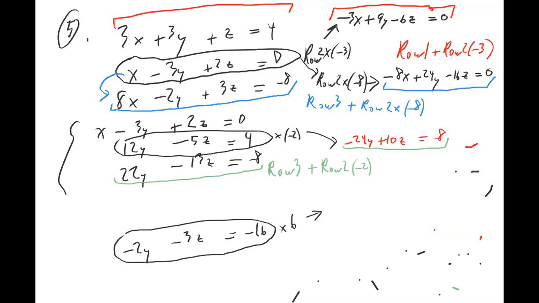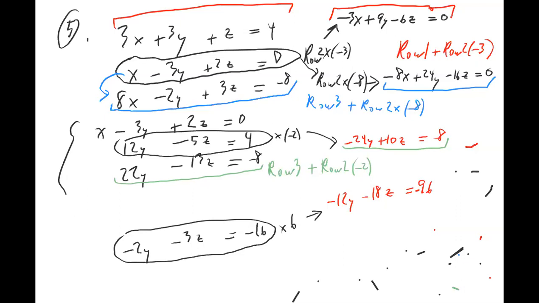So if I take this times 6, I'm going to get a new result, which is -12y and -18z equals -96.